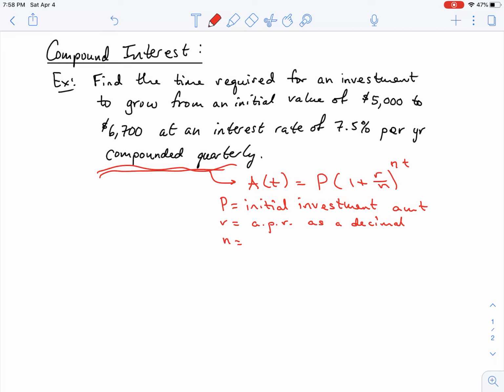The n is the number of times compounded per year. t is the number of years. And A is the value of the investment at time t.